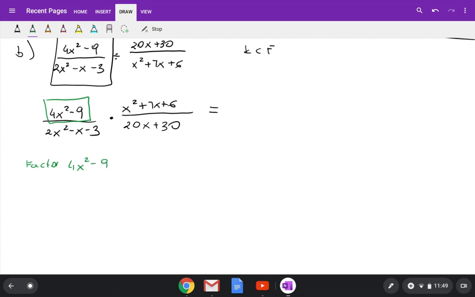Okay, so here you will use the difference of two squares formula. We already know the formula. This is the same as a minus b times a plus b. So in our case, you can rewrite 4x squared as 2x to the second power. 9 is a perfect square of 3. This is the same as 3 to the second power.